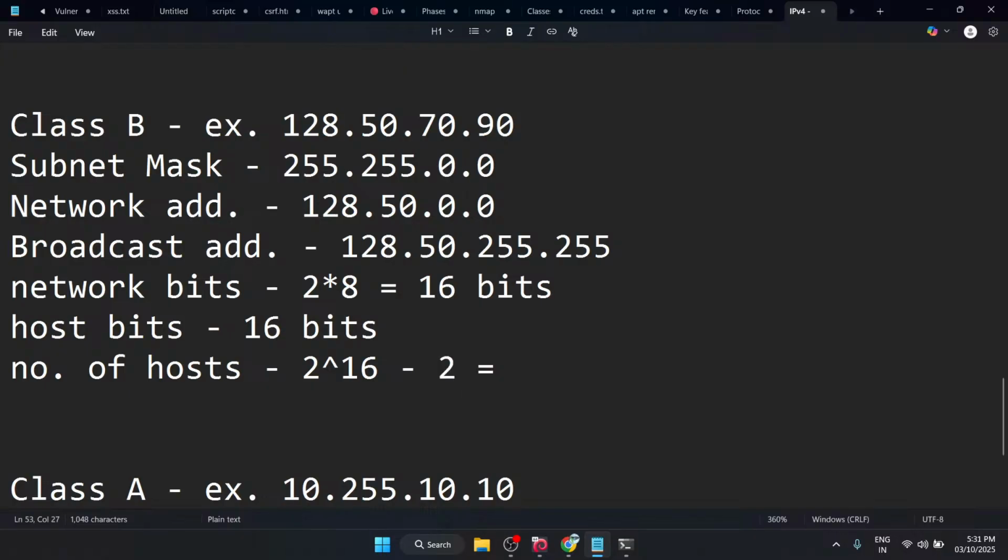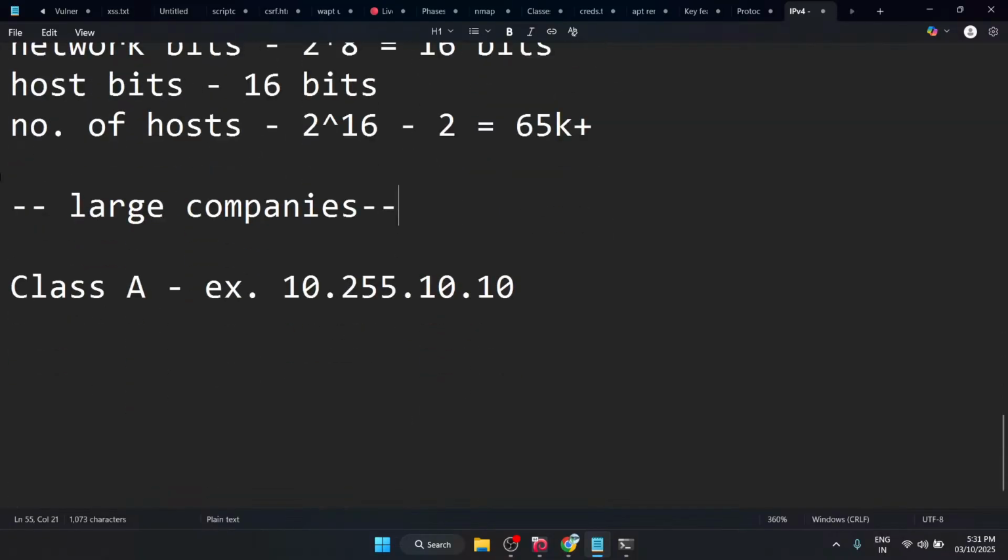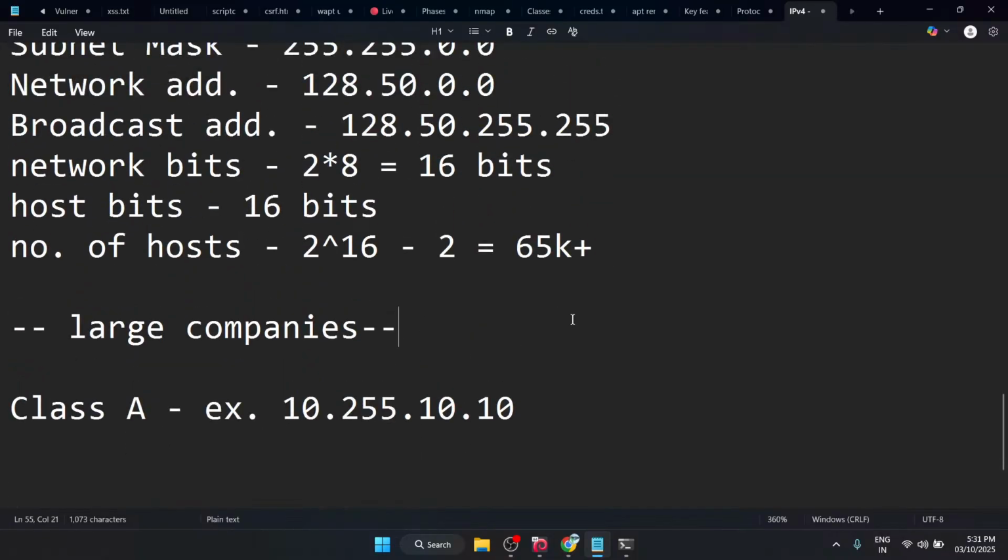So it is something like 65,000 plus IP addresses. So many hosts on a single network can sit upon. So this class IP addressing is basically used by the larger companies. These IP addresses are used by the large companies.